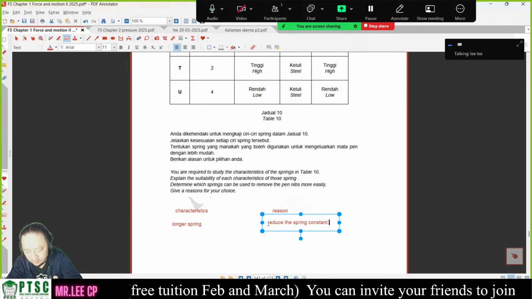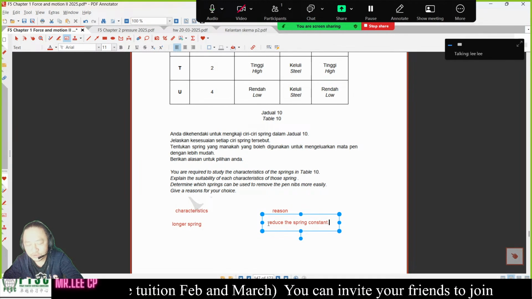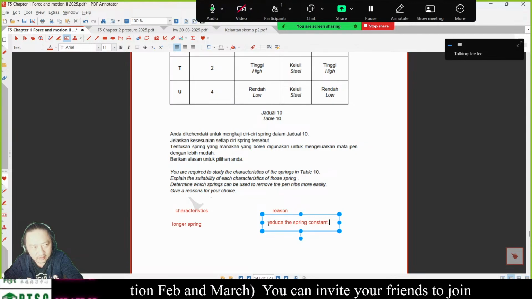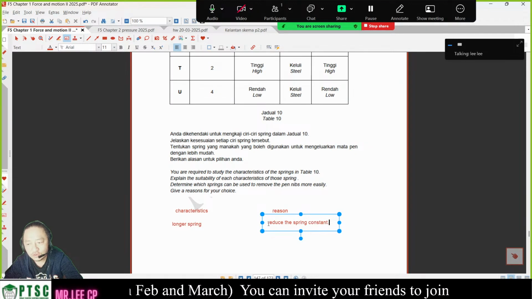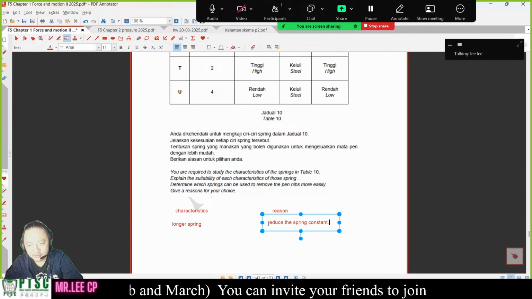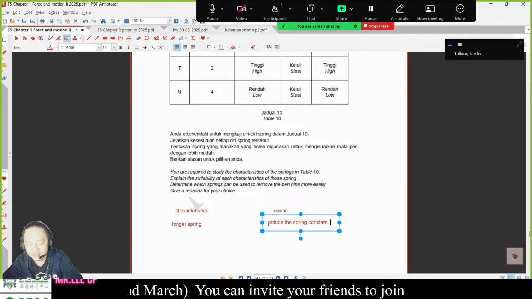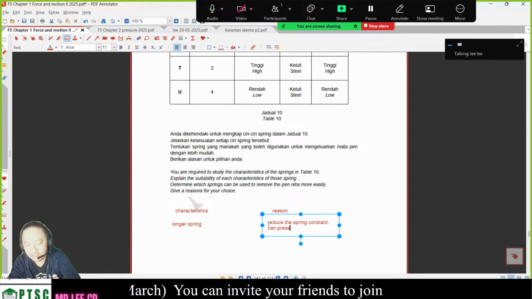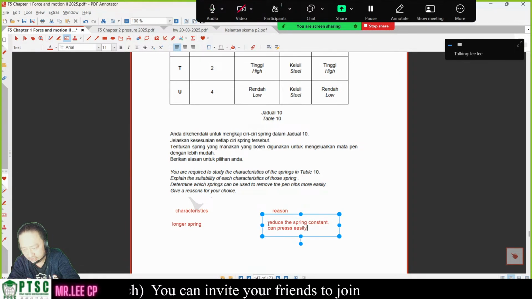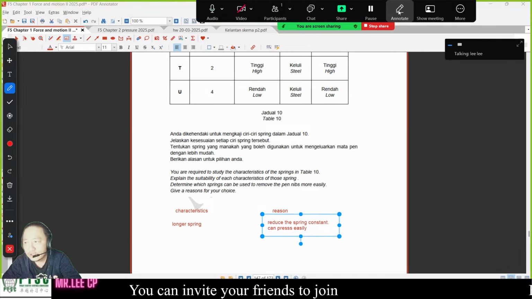Why do you need to reduce the spring constant? Reduce the spring constant to press the pen easily. You can press it easily.